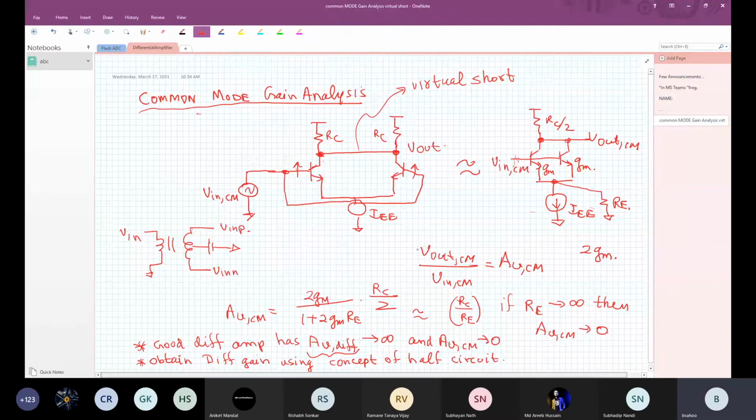Ideally I should put a del here, but I ignored it and called this the common mode gain. If I have a very high output impedance, you can change the battery voltage here, but the output common mode is going to stay. That means it is rejecting the common mode change very nicely. Am I clear? Any questions?